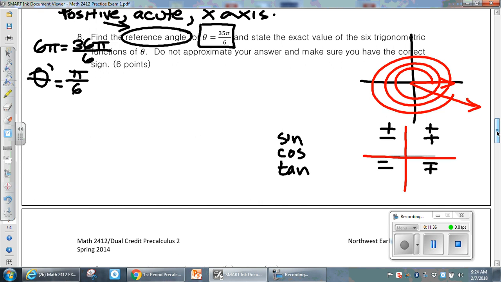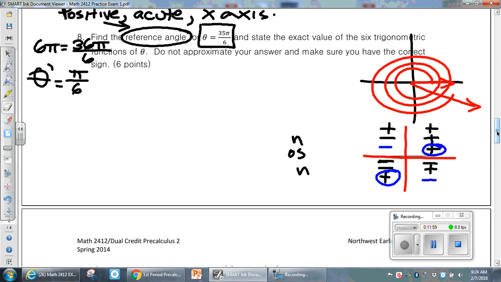What happens with tangent? Tangent is, by the quotient identity, the ratio between the sine and the cosine. So if you divide two positives, you get positive. If you divide two negatives, you get positive. So tangent is positive in quadrants 1 and 3, and it is negative in quadrants 2 and 4. So please do not forget that, okay?